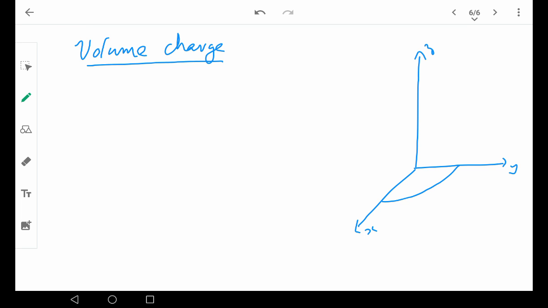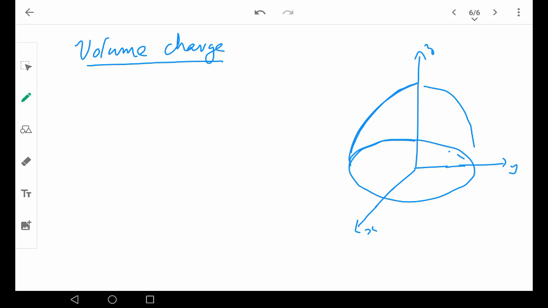You can draw it more clearly. Anyhow, something like this. Yeah, a sphere like this. It is not a perfect sphere, but still think that it is a sphere.